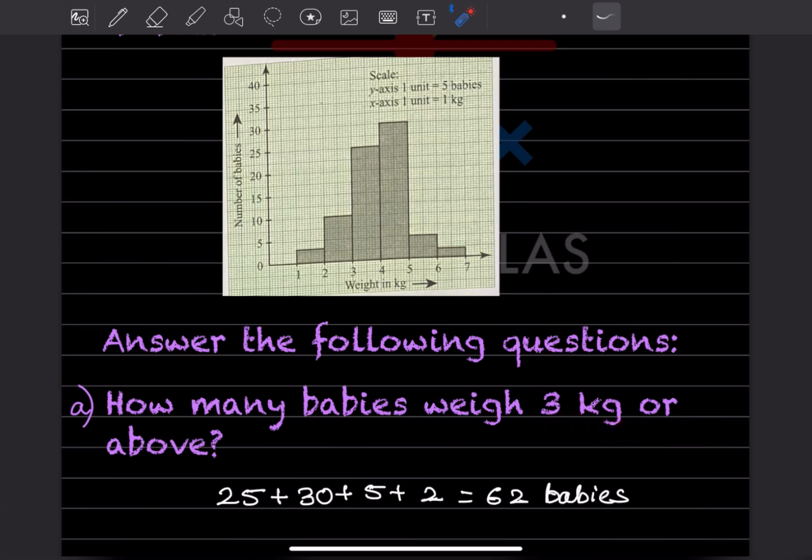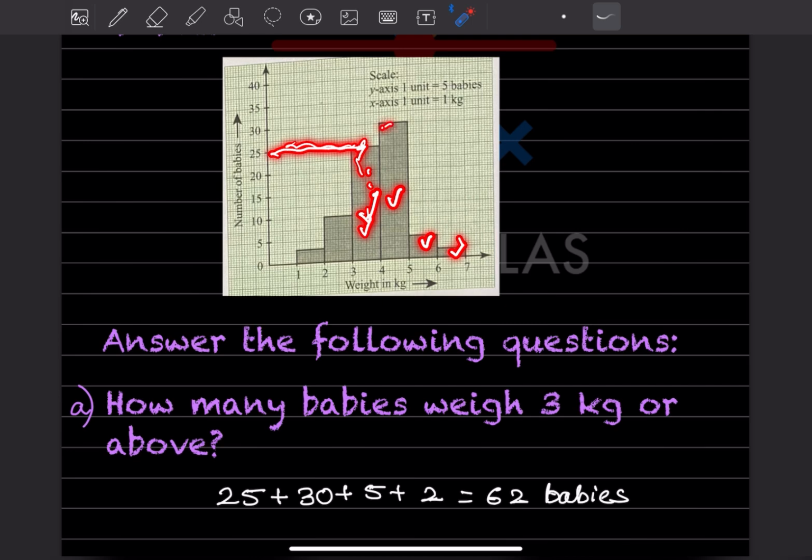Now this is the number of babies on the y-axis and the weight is given on the x-axis. So where is 3? 3 is here. Here 1 to 2, so 3 will be here. Here you can say this is 25. You have to include 3 and above, so 3, 4, 5 and this is 6. So you have to take this one, that is 25.